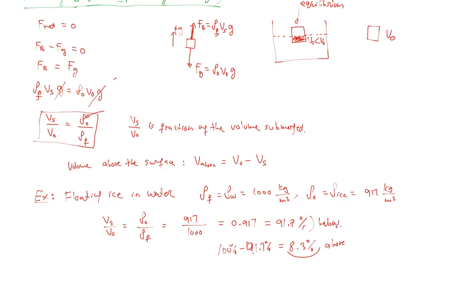Okay, so what we see is just a very tiny fraction of the ice. If you see a huge iceberg floating in a lake, remember almost 92% of that volume is hidden from you. It's underneath. What you see is only about 8%.